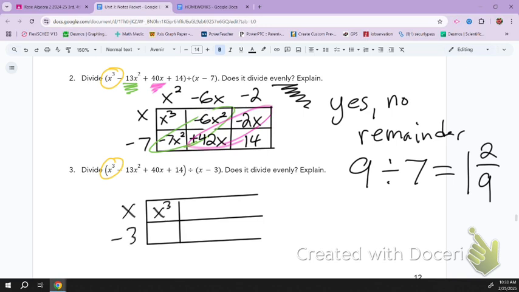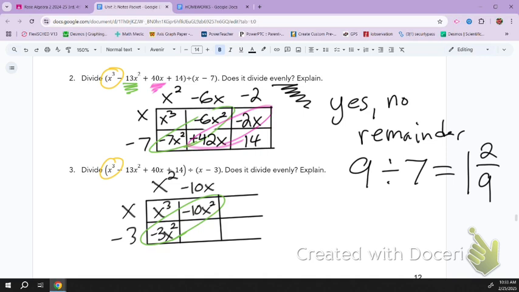What has to go on top then? Good, x squared. And the bottom is going to be minus 3x squared. We're color coding green. These two boxes need to add to what? Negative 13x squared. So what has to go in that box? Negative 10x squared. And that's negative 10x.